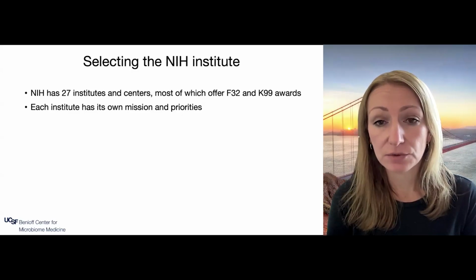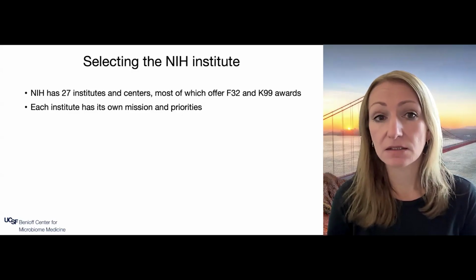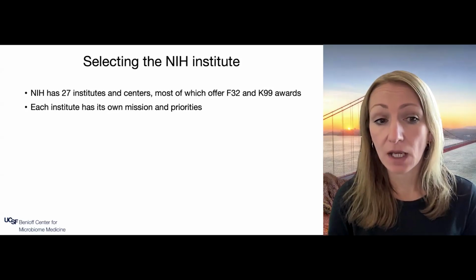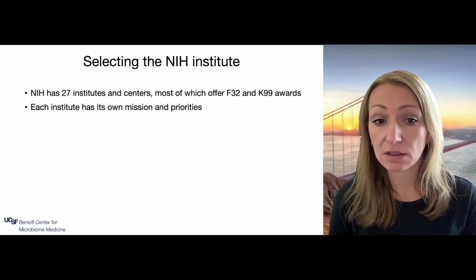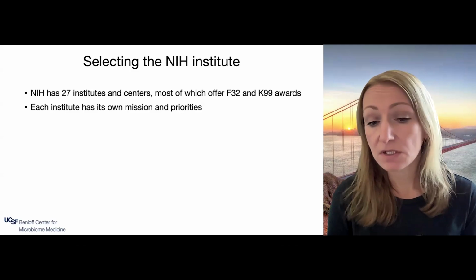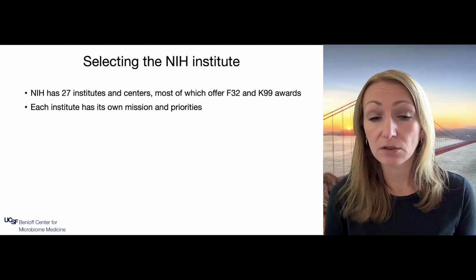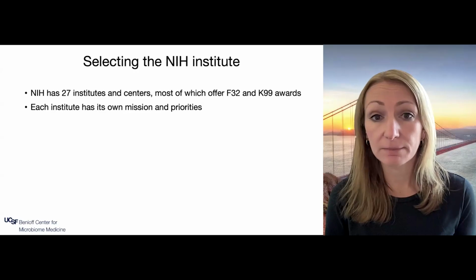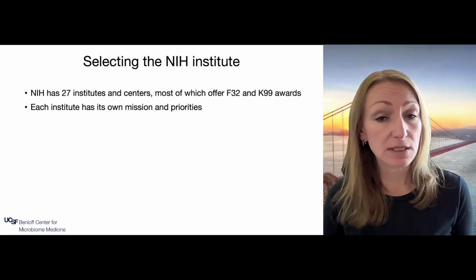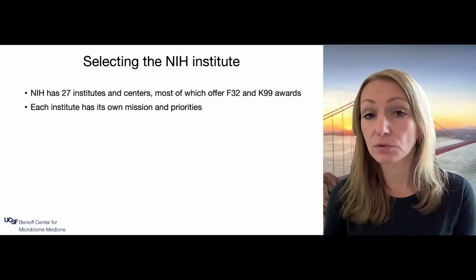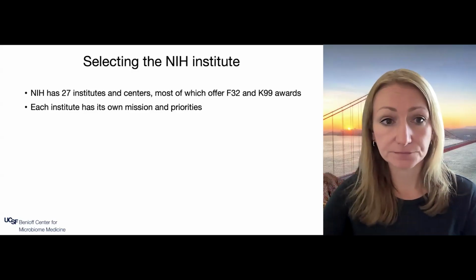And each institute is different because it has its own mission and different priorities. And sometimes priorities change, and institutes that previously you may not have considered for your application now prioritize research that is really tailored to your research plan, and you may consider applying there.